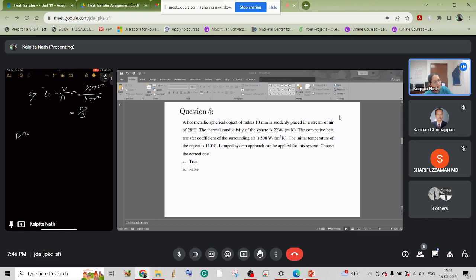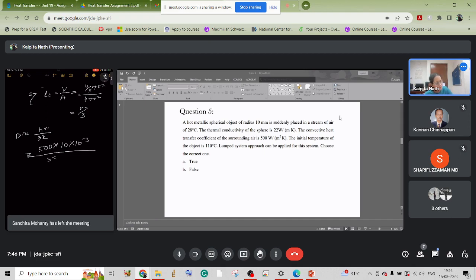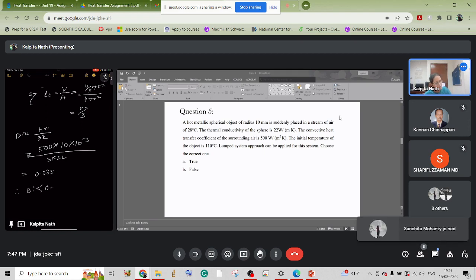Biot number came out to be hr upon 3k. So 500 into 10 into 10 to the power minus 3 upon 3 into 22. So this is 0.075. That is, Biot number is less than 0.1.